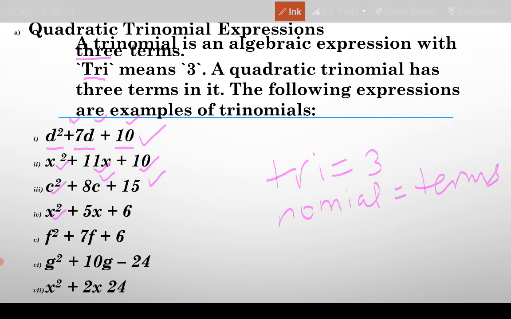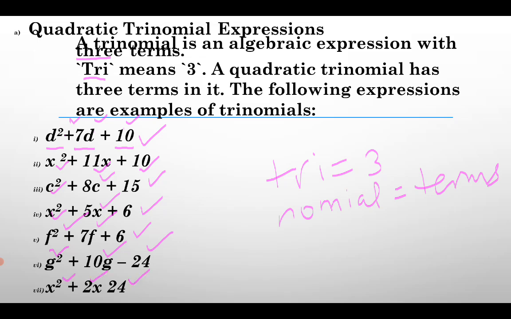We have x squared plus 5x plus 6. f squared plus 7f plus 3 is another trinomial, and so on. We have another one here, g squared plus 10g minus 24. That's also another example of a trinomial. So trinomials have three terms which are joined together by either plus or minus sign.